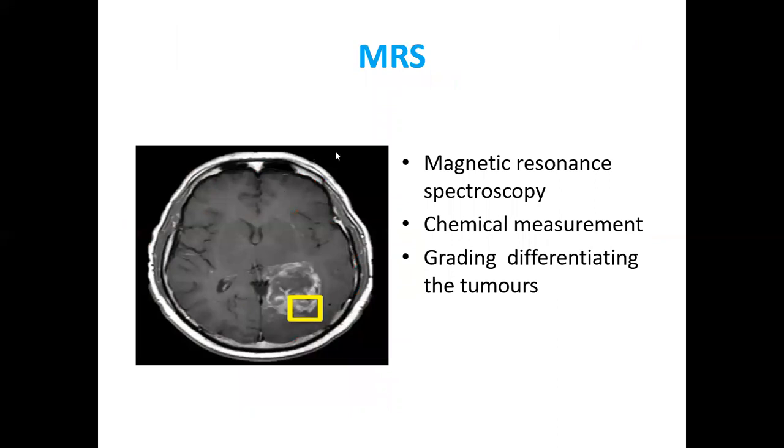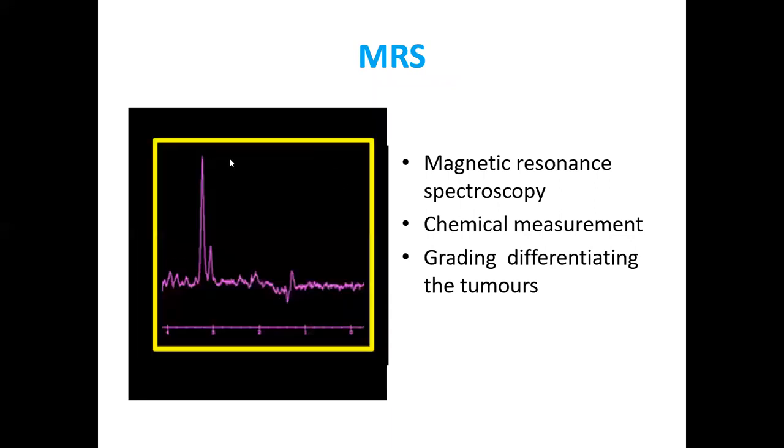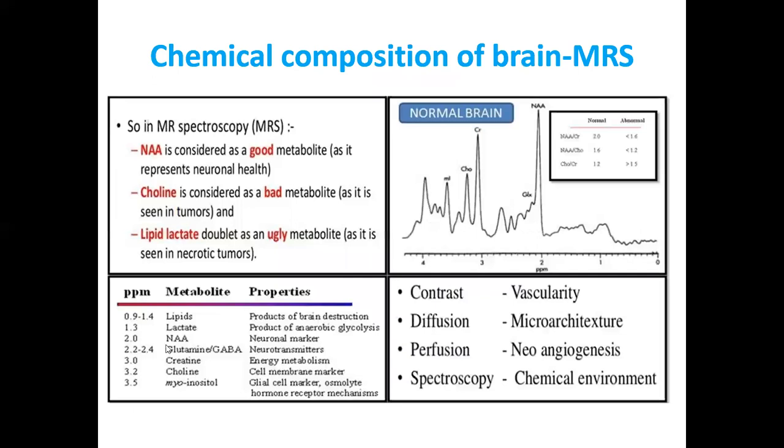Another is magnetic resonance spectroscopy, where we can analyze the chemical nature of the lesion. It helps differentiate tumor from tumor. You will get a graph like this, and this is known as MRS. In MRS you mostly get choline, NAA, creatine, lipid, and lactate. NAA is good, for neuronal activity. Choline is the bad metabolite seen in tumors.